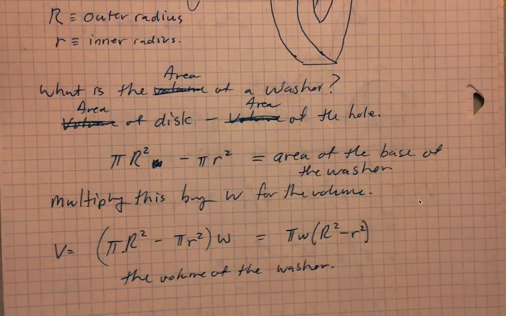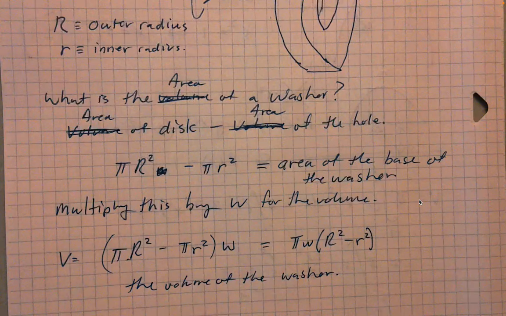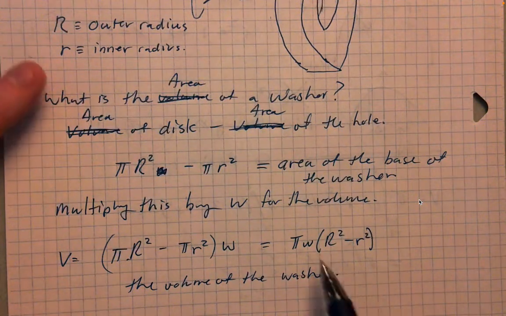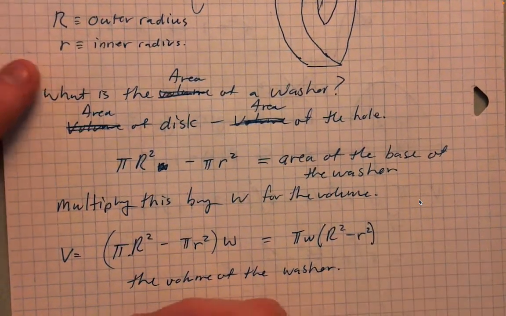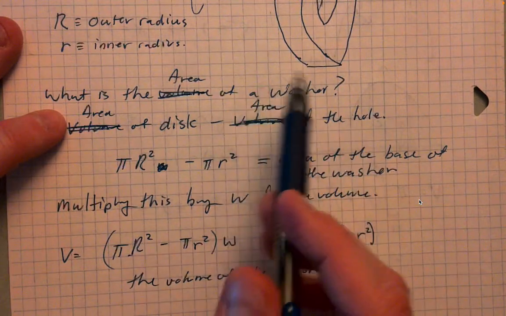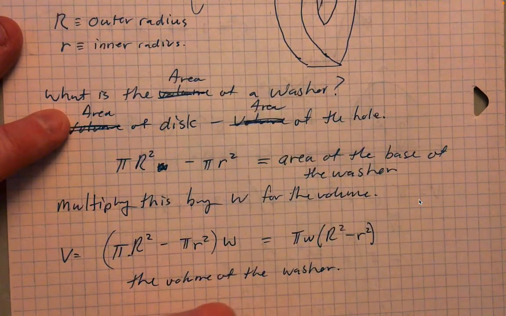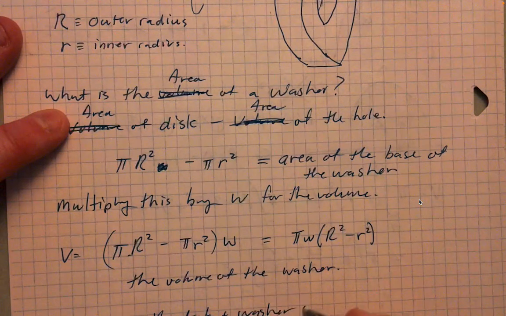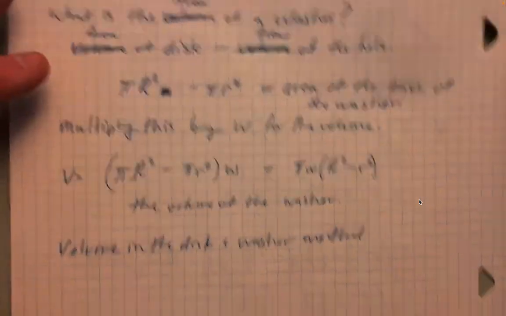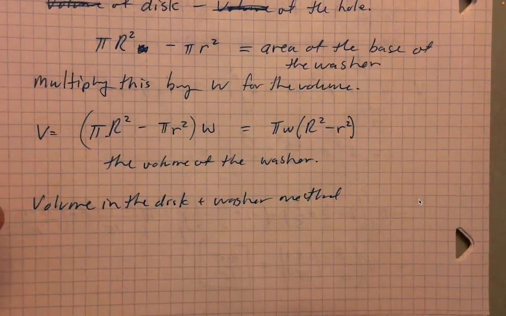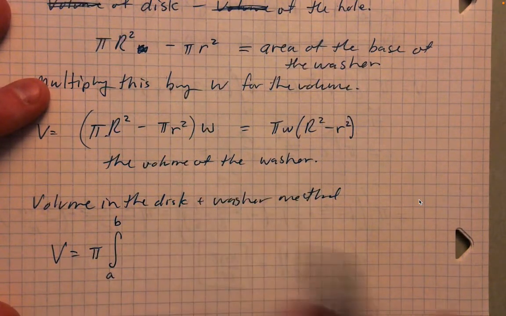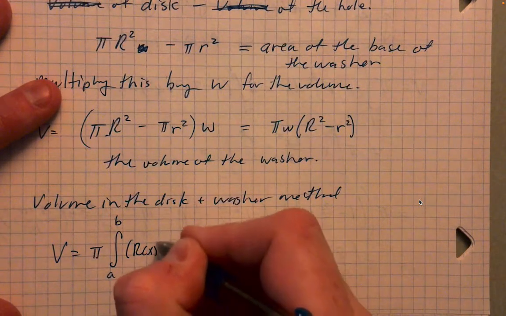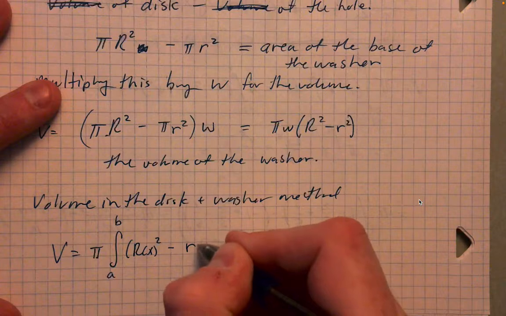Okay, perfect. All that's changed here is that instead of just r squared, it's R squared minus little r squared. So the volume in the disk and washer method looks really similar to what we saw last time with just the disk method. It's just going to be V equals pi times the integral from a to b, and now instead of just r squared, it's R of x squared minus little r of x squared.